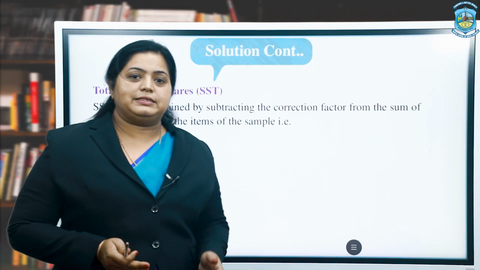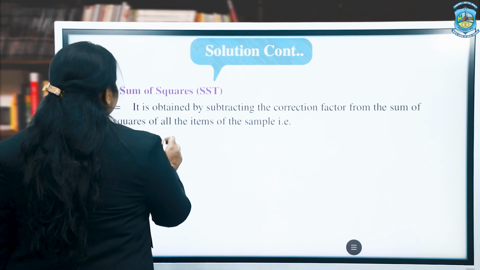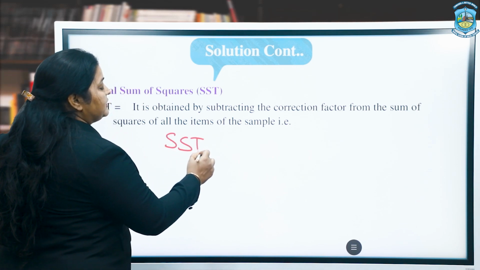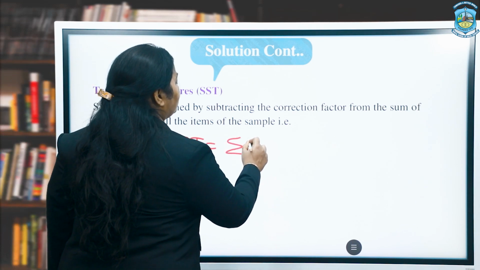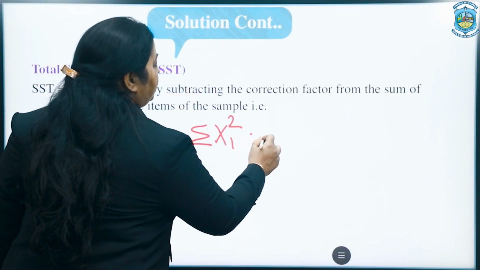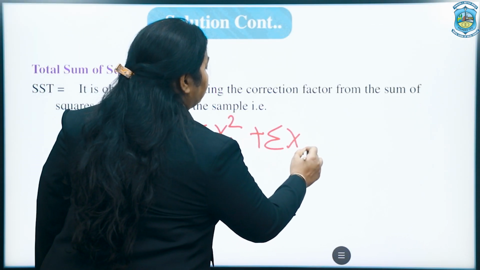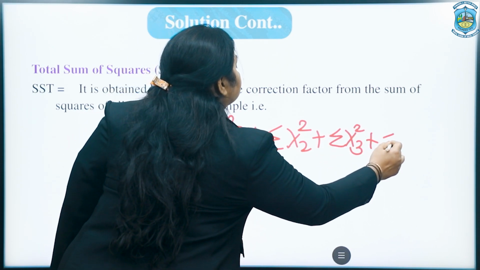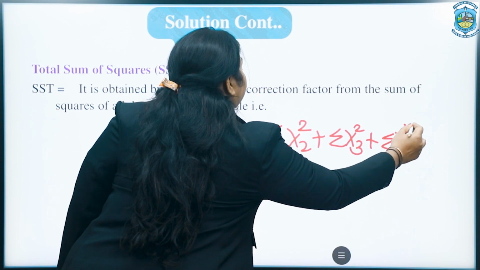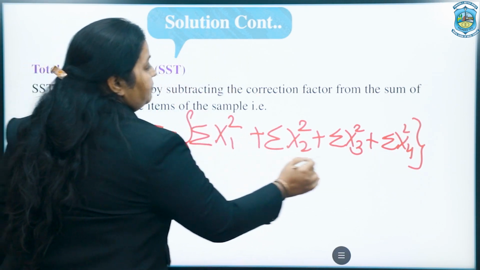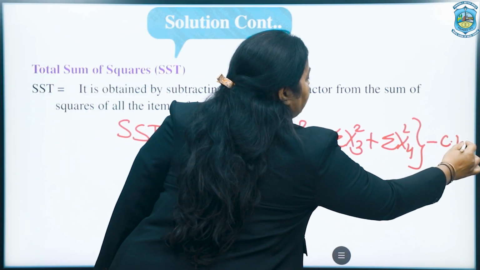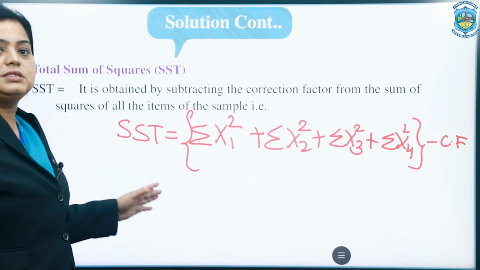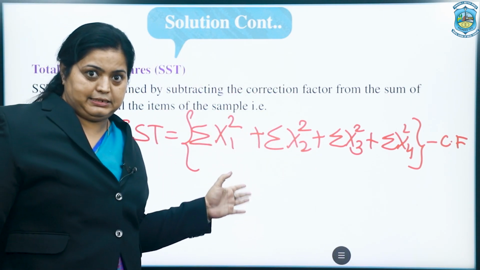Now the formula for SST. SST is equal to summation of x1 square plus summation of x2 square plus summation of x3 square plus summation of x4 square minus the correction factor. So this is the formula for SST.